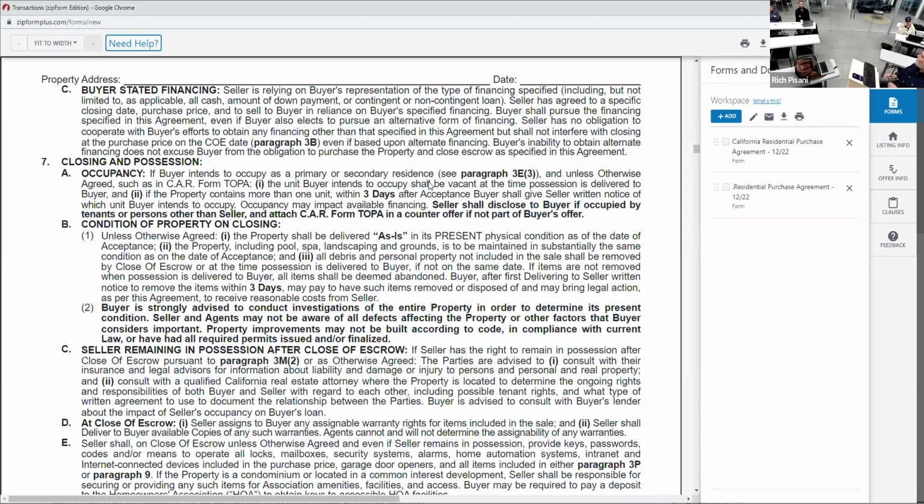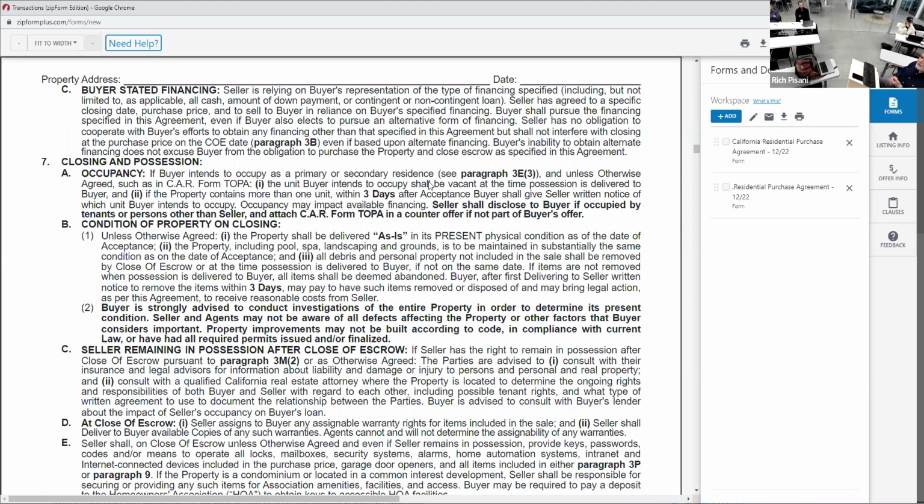And also that if the seller agreed to any repairs, those repairs were done. So that's why you want to make sure that you time your verification of property, that if there were repairs to be done, it gives them time to do it and to make sure that it's in that same condition. It is not a contingency to cancel.